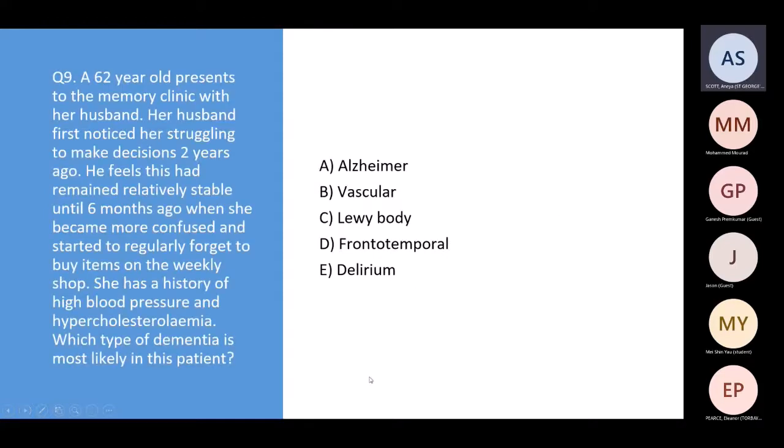So next question: a 62-year-old presents to the memory clinic with her husband. Her husband first noticed her struggling to make decisions 2 years ago. He feels this had remained relatively stable until 6 months ago when she became more confused and started to regularly forget to buy items on the weekly shop. She has a history of high blood pressure and hypercholesterolemia.